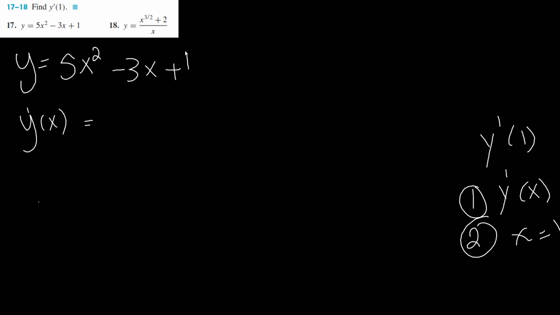It will be 5 times 2x raised to the power 1, minus 3. I told you that if you have 3x, its derivative is 3, so minus 3. Plus 1, the derivative of it is 0.